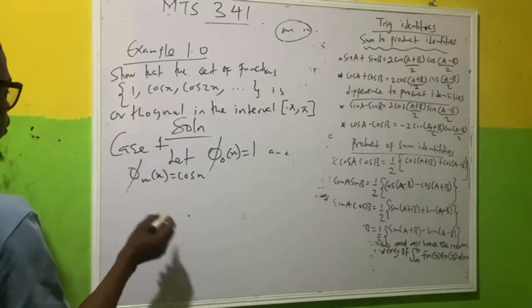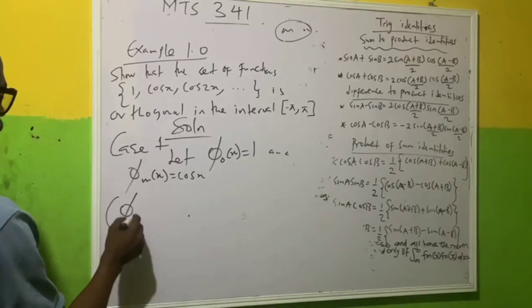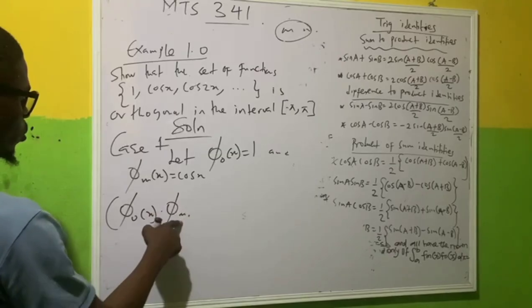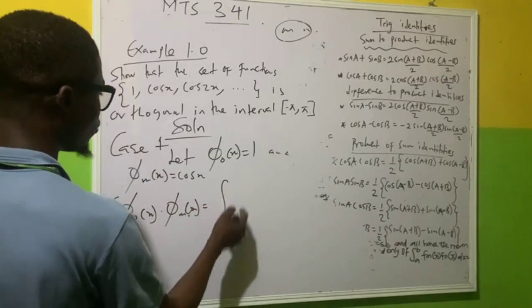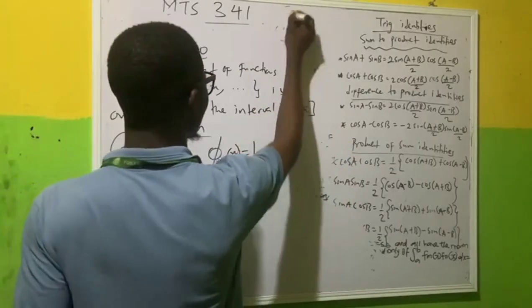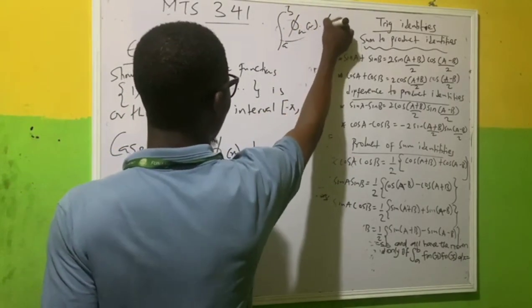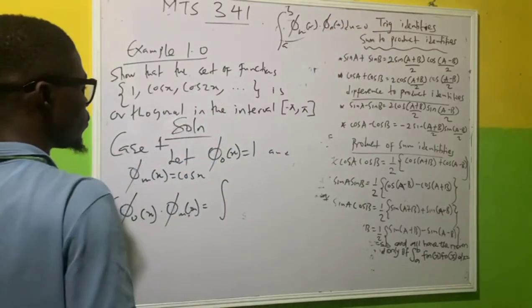You apply the dot product: the integral from a to b of phi naught of x times phi m of x dx equals 0. This is what we are solving for.